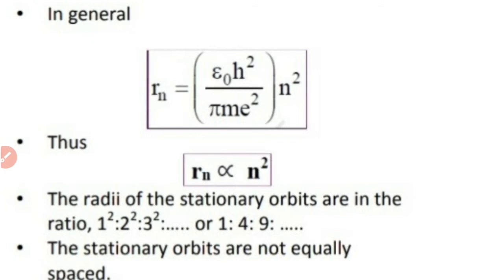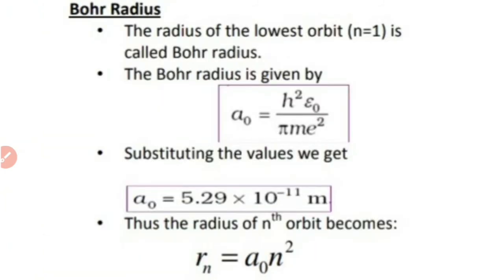Now, by calculating the value of the quantity within bracket, we have that quantity as the Bohr radius. That means in the previous expression, if we put n equal to 1, we know that radius, that is the most fundamental radius, is called the Bohr radius, represented by A0.